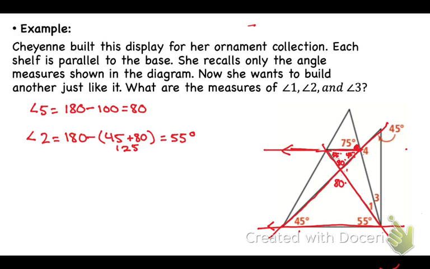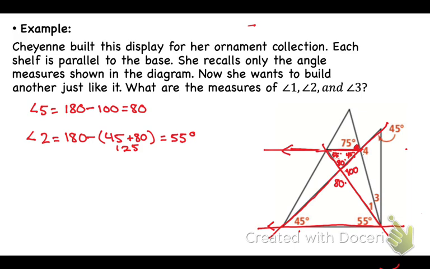Can you get 80 plus 1 equals 1? Yeah, because that's a linear pair. So it's 100. Why are you two so noisy back there? Stop.